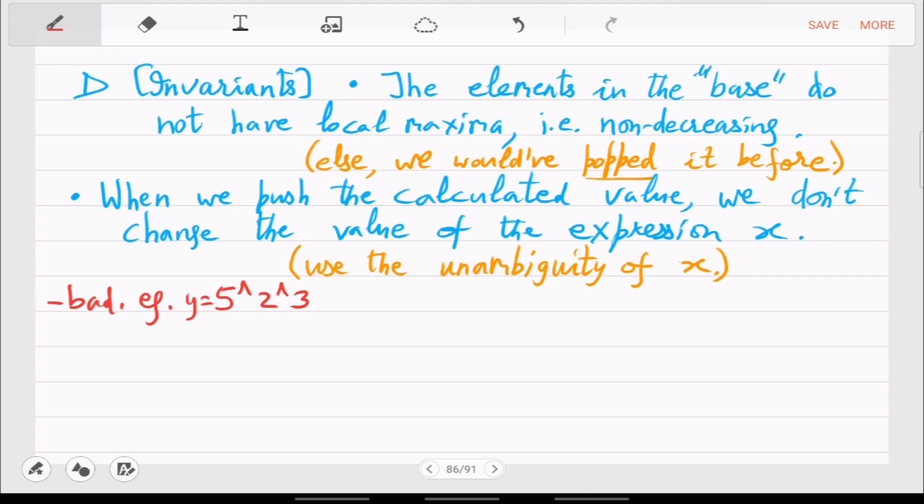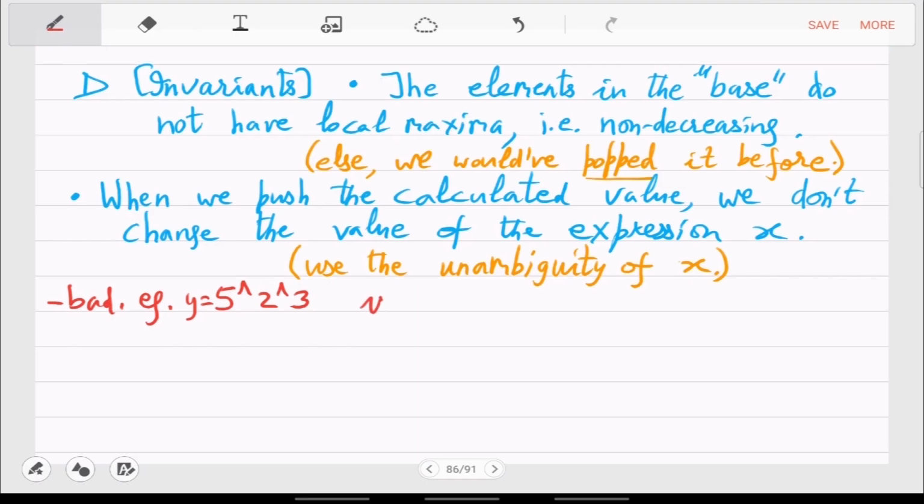Then in your rule book you have to add one more rule, which is called left associative. To make this unambiguous, we say that in addition to precedence there are also associativity rules. I don't have time to go into all those details, but with only precedence this will not work.